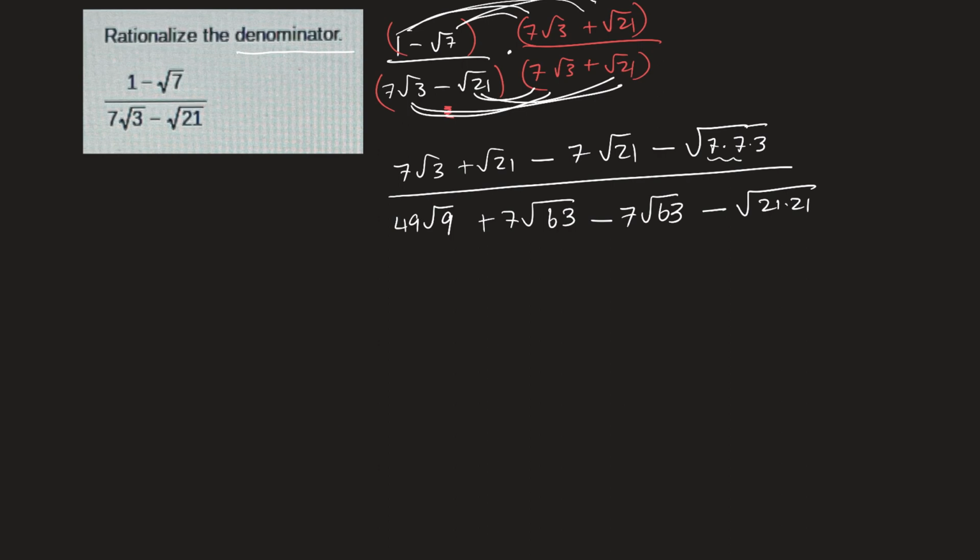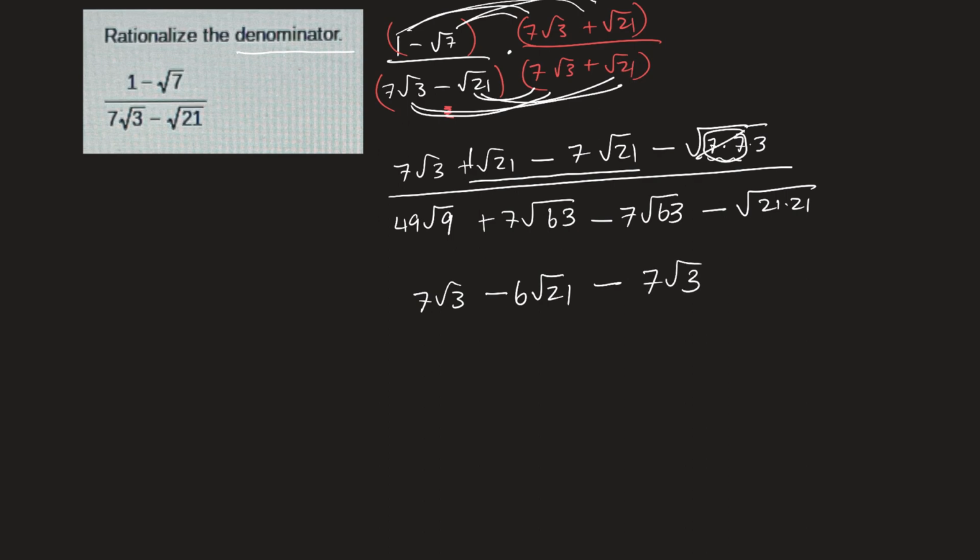Okay, on the top, let me write 7 root 3. And then these things are common. And so there's 1 root 21 minus 7 root 21, so that would be minus 6 root 21. And then minus, the 2 7s are inside, I can bring 1 out, so it'll be 7 root 3.